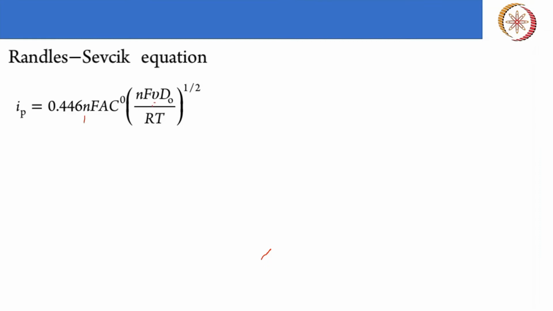So this is the Randles-Sevcik equation, where n is the number of electrons of the redox process, F is the Faraday constant, A is the area of the working electrode, and C is the bulk concentration of your analyte. Nu is the scan rate, and D is the diffusion coefficient.